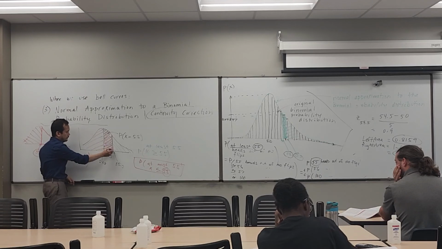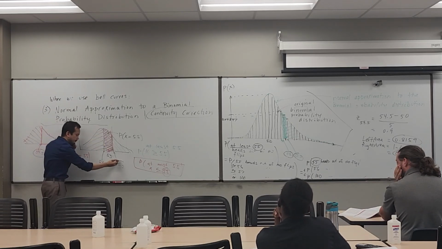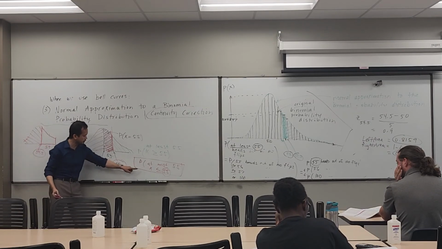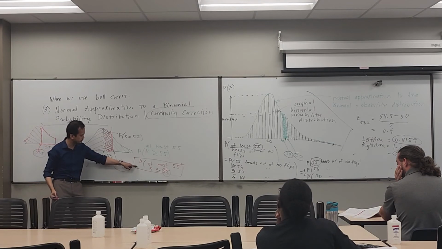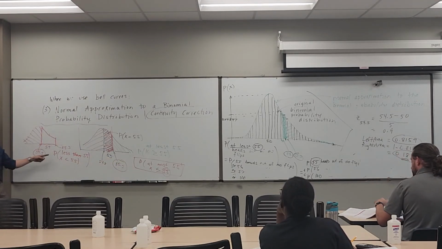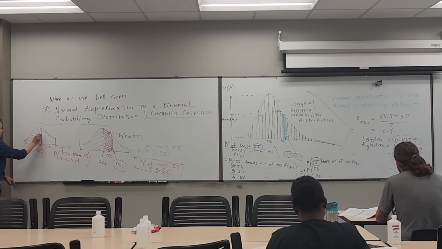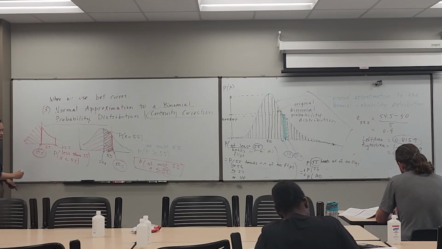It's this boundary, and what's the value we use for the z-score? It would be 55.5. Yeah. So in this case, the z-score calculation will be using 55.5. In the previous case, if we want strictly less than 55, we're going to use this boundary, which is 54.5.